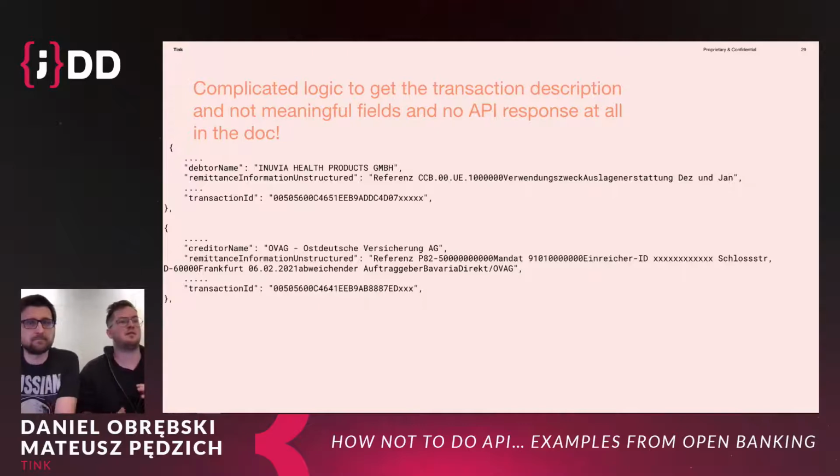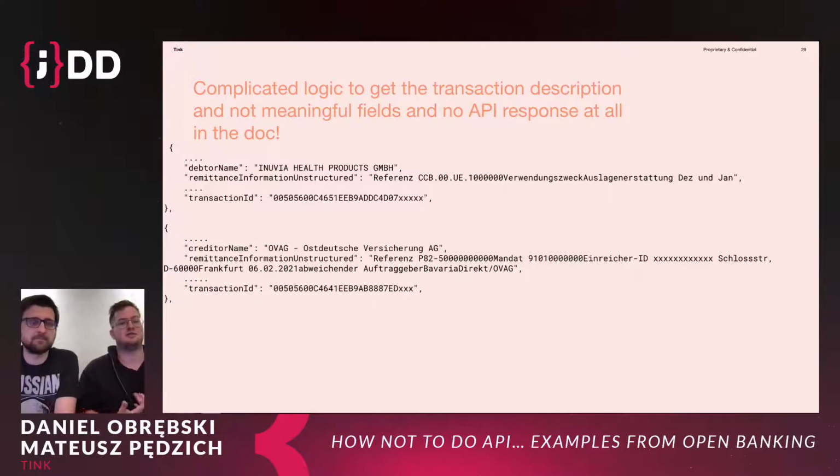Here you have an example of two transactions, and as you may notice, there is no description field. There is some debtor name, which corresponds to who sold us the product or who we sent the money to. Also the creditor name; depending on the type of transaction, we have either this or this field. But basically we also have this thing called remittance information unstructured, and you may notice that it's really unstructured, and it's really hard to get such data.